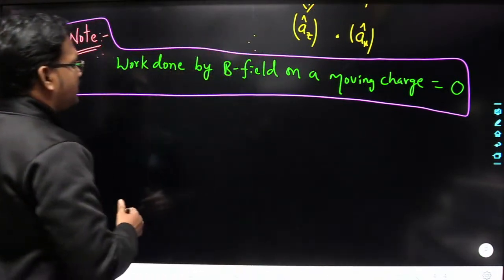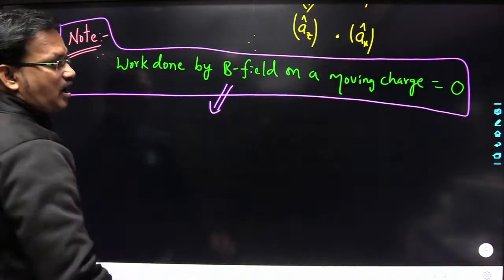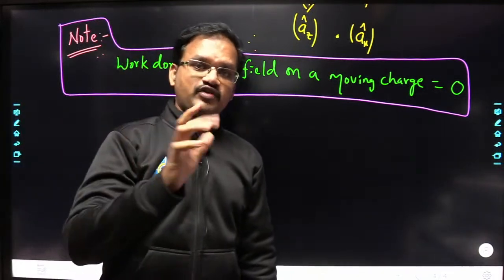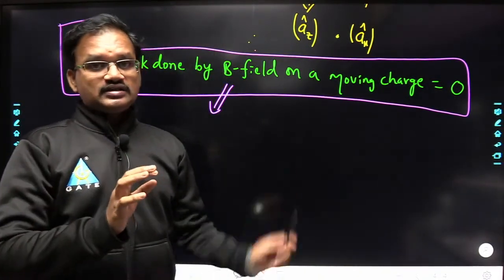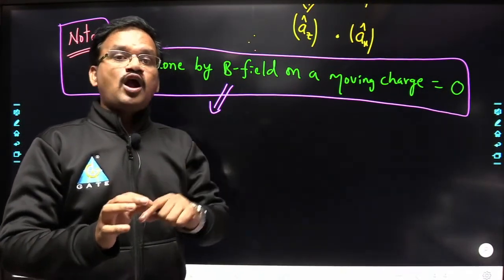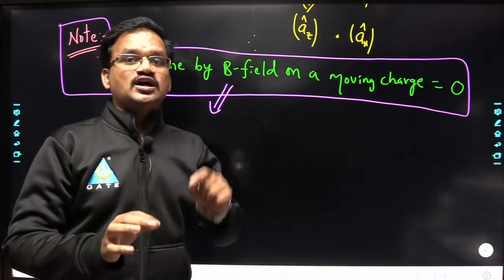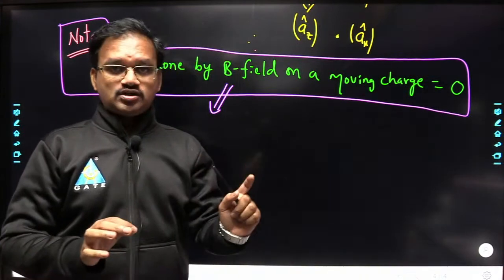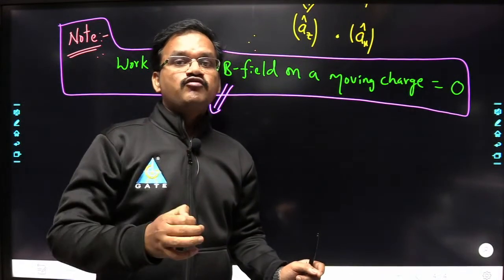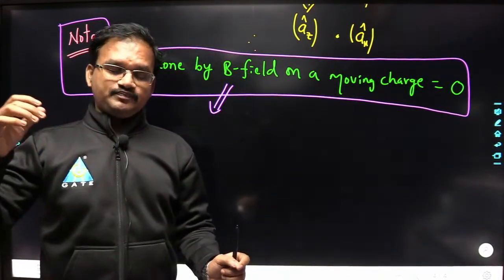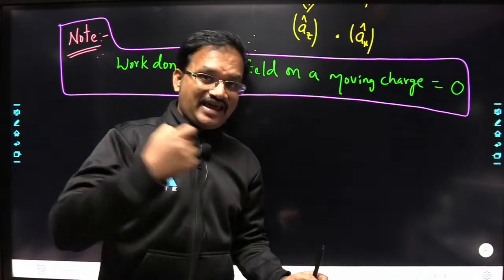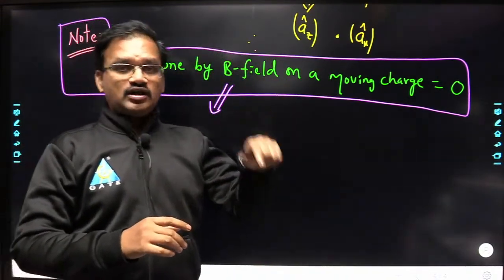But here I am saying that the work done by the B field on a moving charge is equal to 0. So if the charge is moving in a B field, the work done by the B field on that moving charge is equal to 0. That means the B field is not going to change the speed of the moving charge. If it is moving with some uniform speed, not velocity, then it continues to move with the same speed, because the work done by the B field on the moving charge is equal to 0.